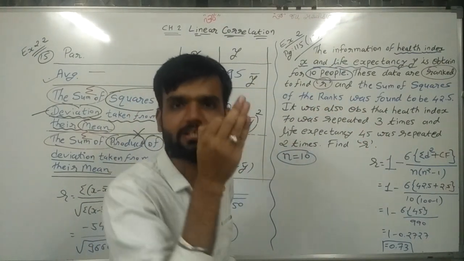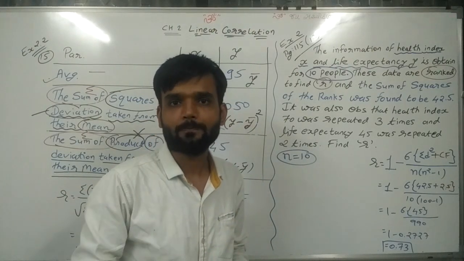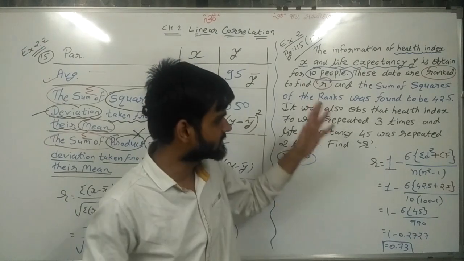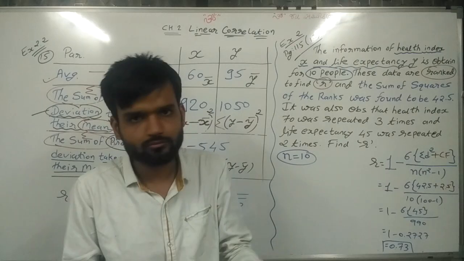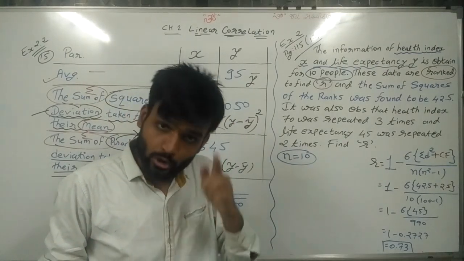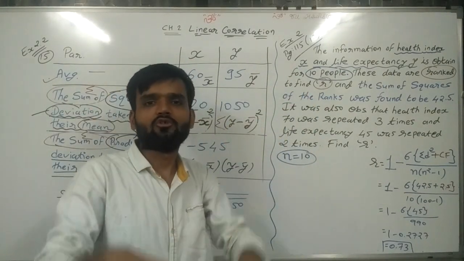In your examination this is not clearly given in this type of question, whether it is a rank correlation sum or another sum. No information is given about that. You have to understand the question, then apply the rule.